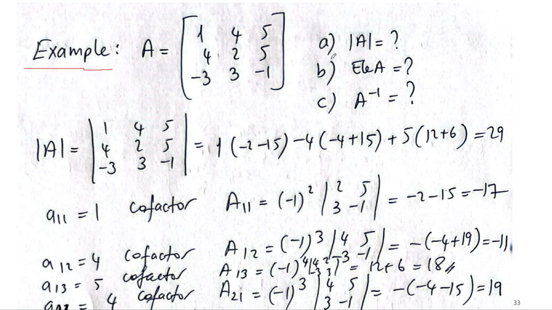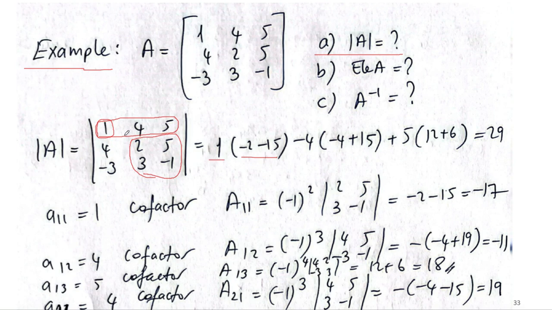There are 3 steps in this question. The first one is just to calculate the determinant of A, which, as we have already done before, we can do using, for example, the first row. If we fix the first row, then I'm going to multiply 1 with the minor, the determinant of this submatrix, which is -2 minus 15 times 1.